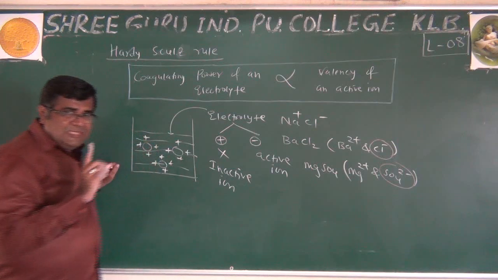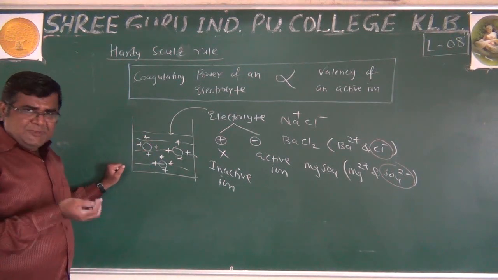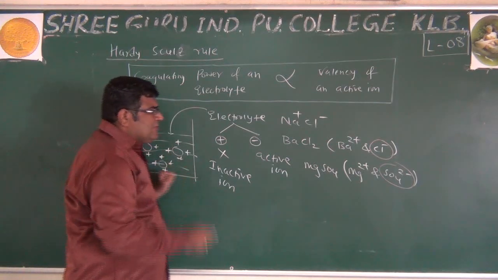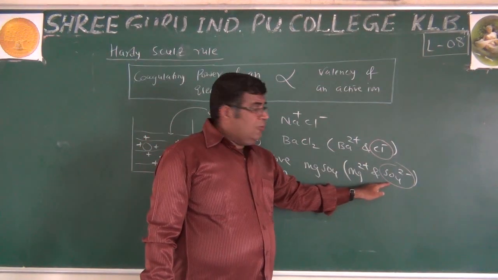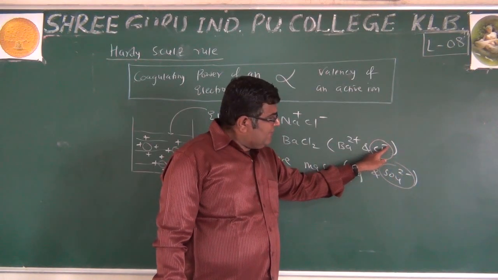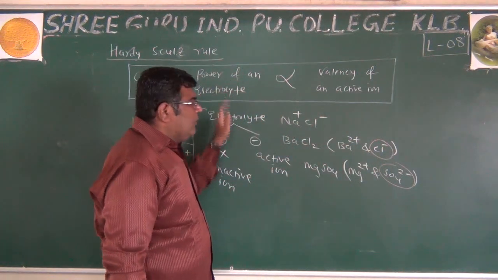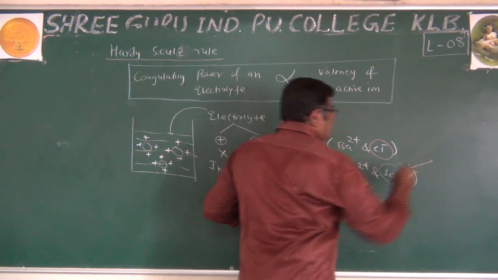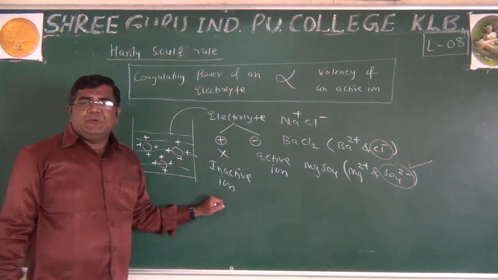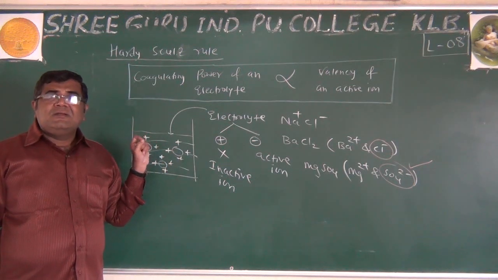Remember, if the colloid is negatively charged, the active ion will be the positive ion. But here the colloid is positive, so this ion is active. This ion has two charges on it, this ion has one charge on it. So which has greater coagulating power? We can say SO4 2 negative has more coagulating power than Cl negative.